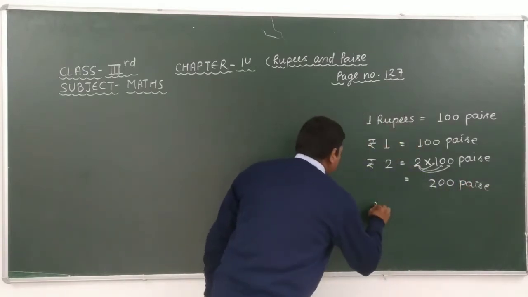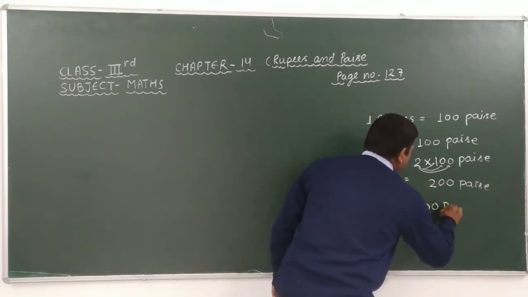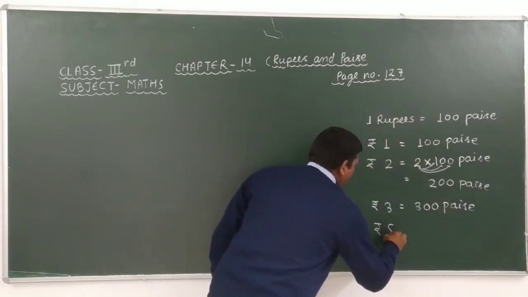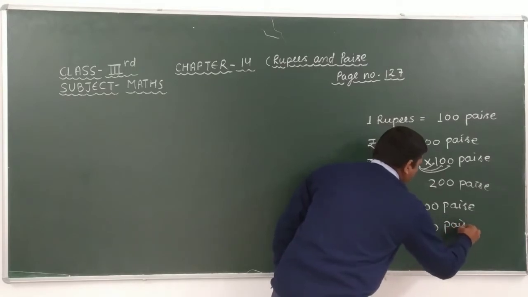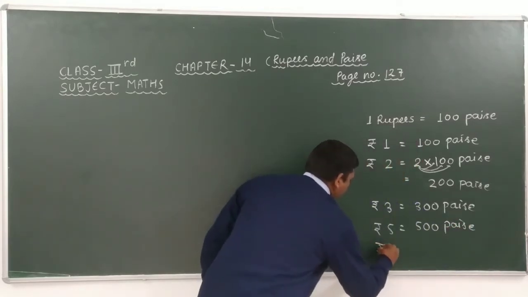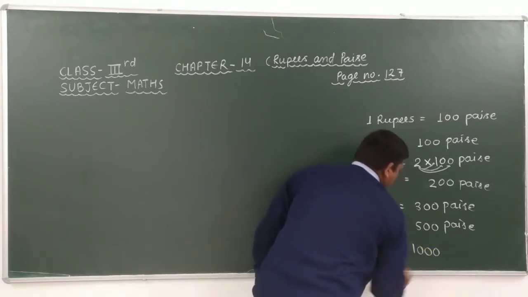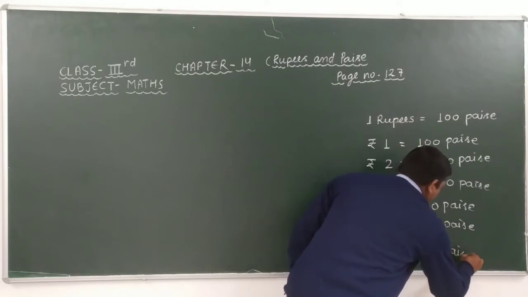Similarly, 3 rupees is equal to 300 paise, 5 rupees is equal to 500 paise, and 10 rupees is equal to 10 times 100, which means 1000 paise.